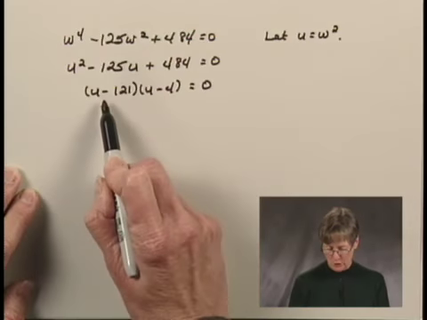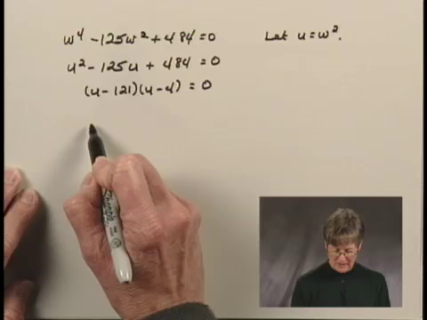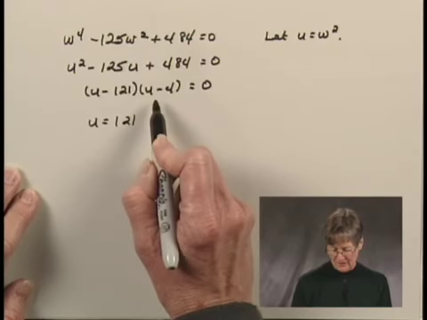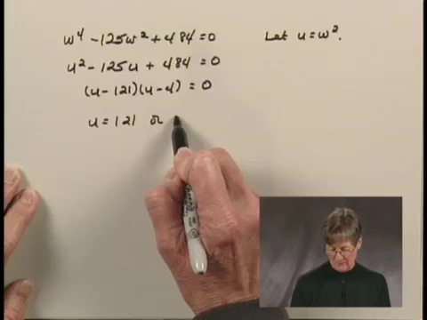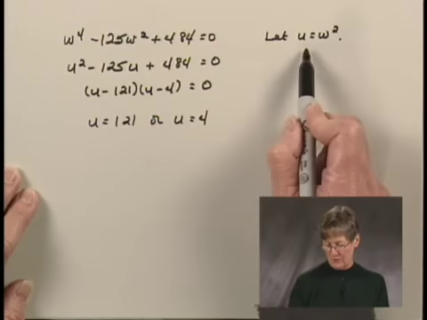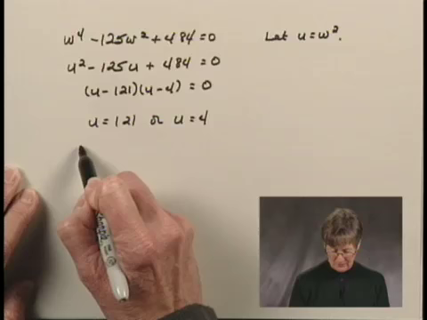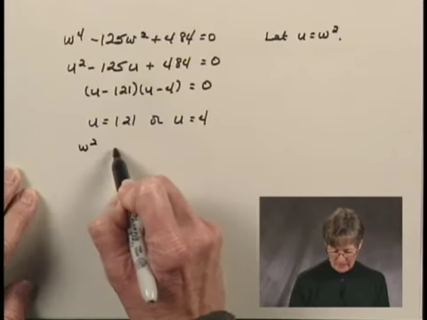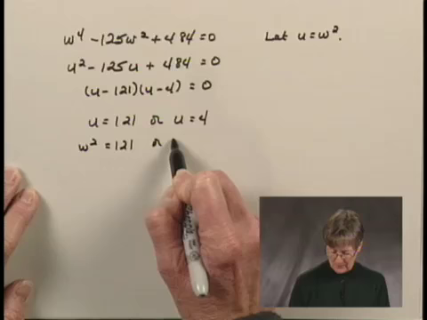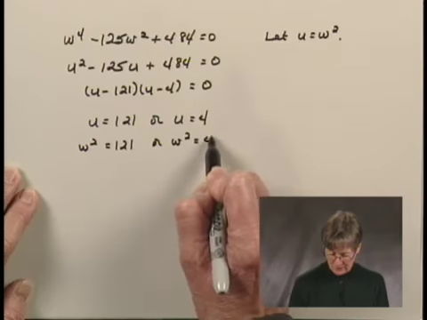If I solve U minus 121 equals 0, I get U equals 121. And if I solve U minus 4 equals 0, I get U equals 4. But remember, U is equal to W squared, so let's substitute W squared back for U. W squared equals 121, or W squared equals 4.